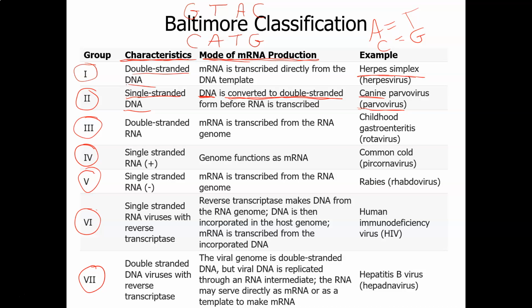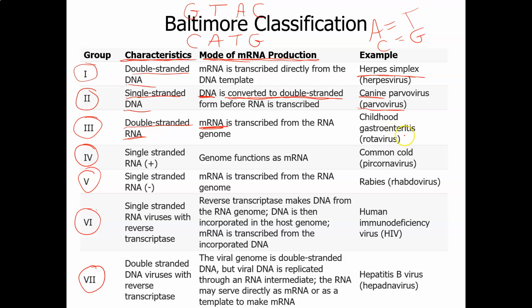All right, group 3 is double-stranded RNA. And that double-stranded RNA codes for messenger RNA, and then messenger RNA codes for protein. So it's pretty much like group 1, except the beginning nucleic acid is double-stranded RNA.